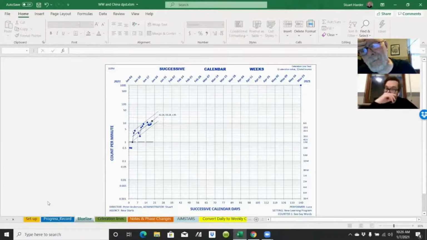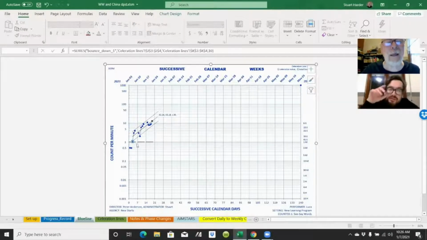Okay, I erased the error series here for a moment so that I can simplify the picture on the screen for a moment. You will notice here that we have a parallel dashed line below the acceleration line.